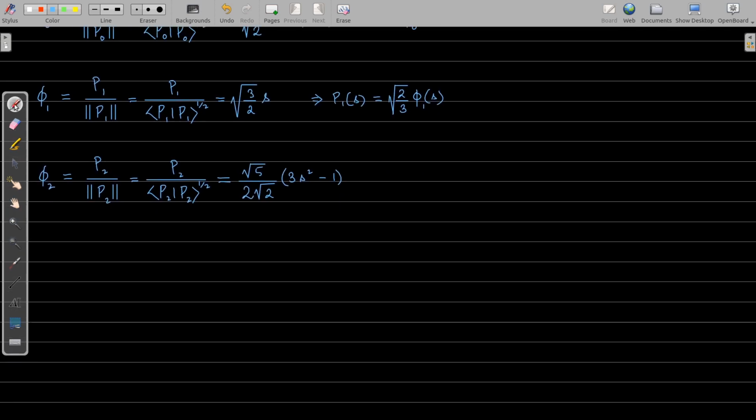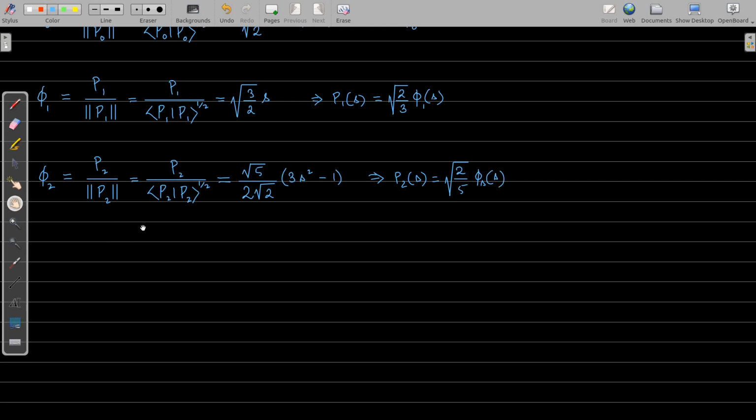And finally, P2 of s is equal to root over 2 by 5 of phi 2 of s.